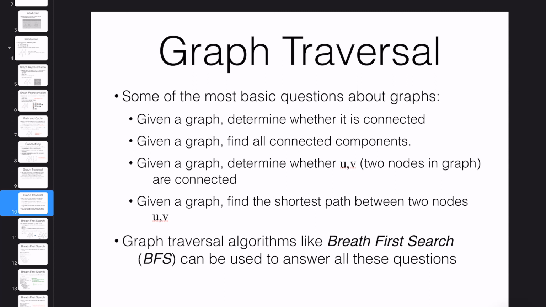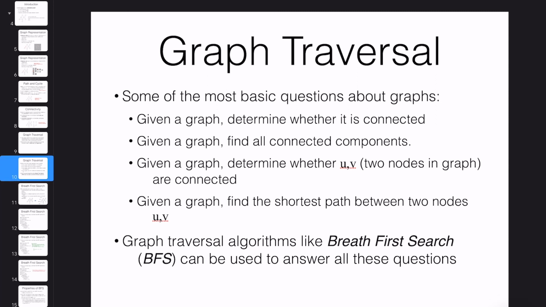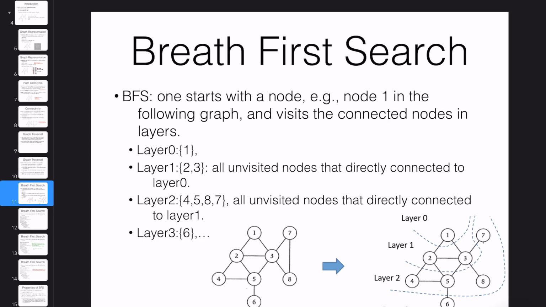You have a graph and you want to check if there is a path from one node to another node. You can run a breadth first search and it gives you not only the path, it can actually find you the shortest path between two nodes. So breadth first search has a lot of applications.